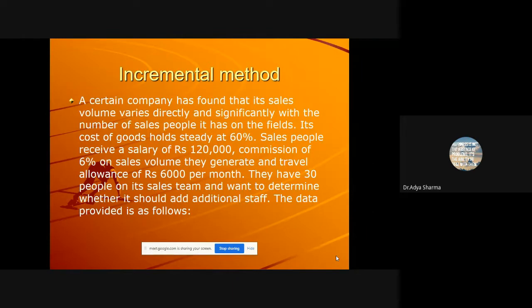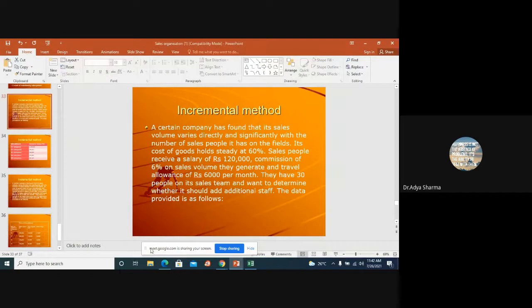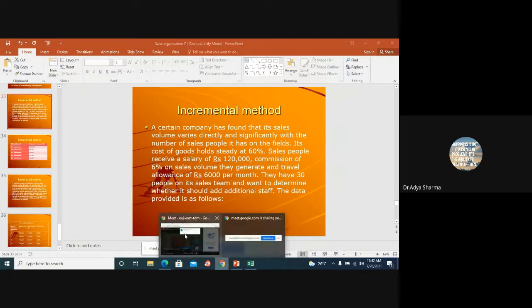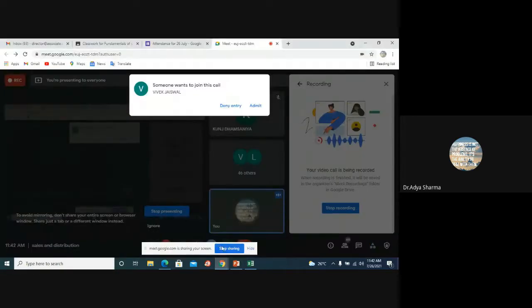Today, what we are doing is the incremental method. Now, what is the incremental method? First of all, let me help you understand the basics of the incremental method.